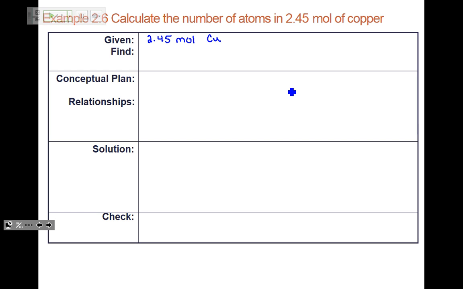And I'm going to write copper because later on it's going to be really important that it's not just moles, but moles of copper. Right now it's not as important, but later on it will be, so I'm just going to be consistent. And we want to find how many atoms of copper that is. So things of copper.